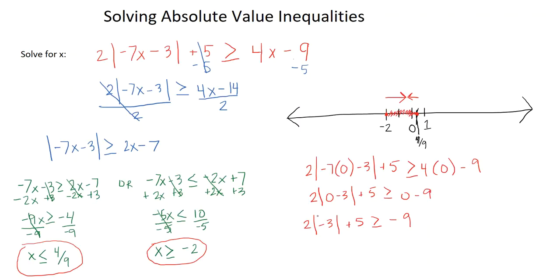The absolute value of -3 is 3, so now we have 2 times 3 plus 5 is greater than or equal to -9, and 2 times 3 is 6, and 6 plus 5 is 11, so 11 is greater than or equal to -9, and that is true, and so that supports our solution.